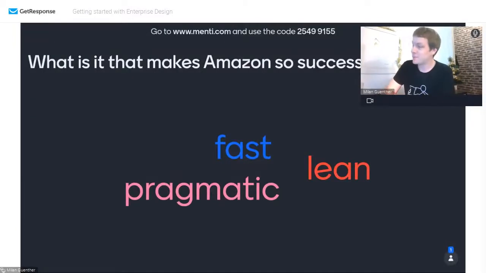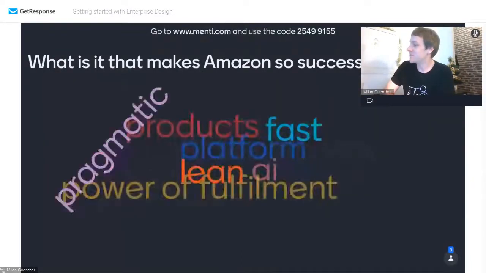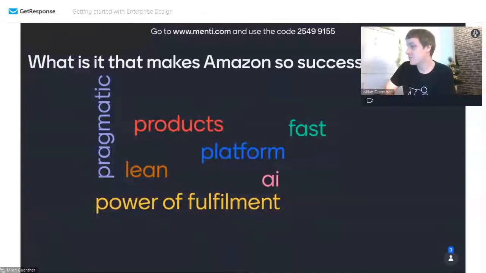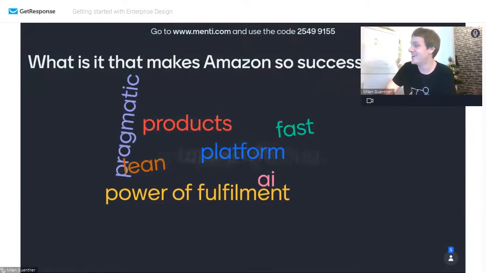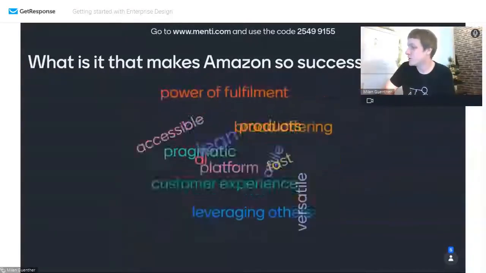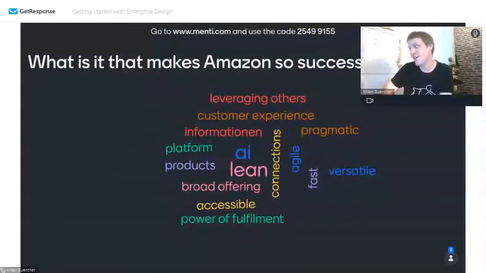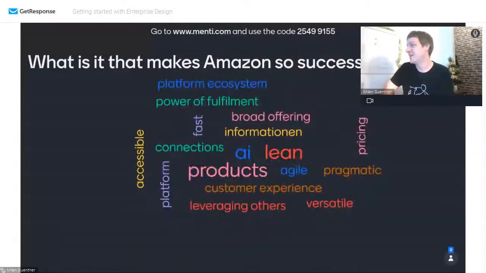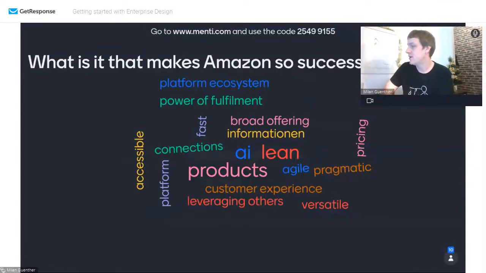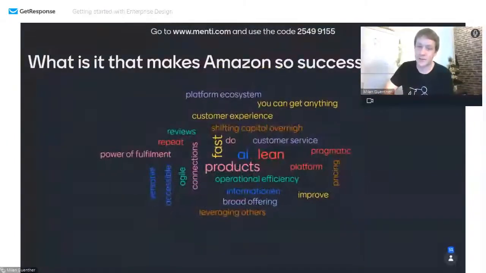So they are fast, pragmatic, and lean. Yeah, they have good products. AI is an interesting answer. Very broad offering. Okay, we have 2 leans, 2 AIs. The pricing, the platform, leveraging others, which I think has to do with the platform.